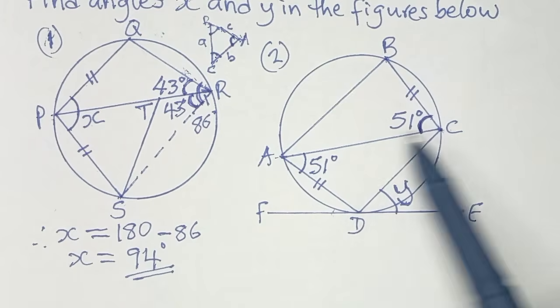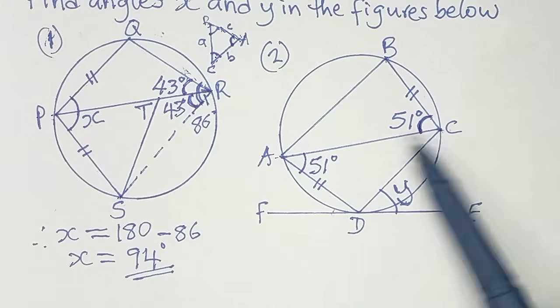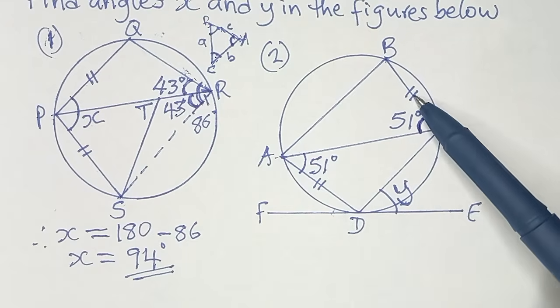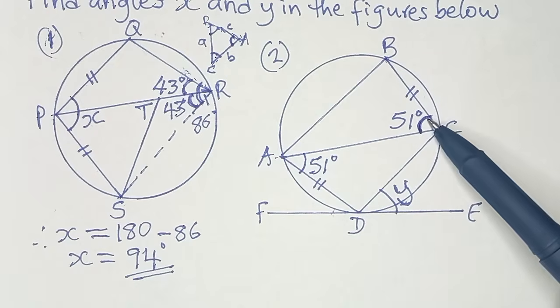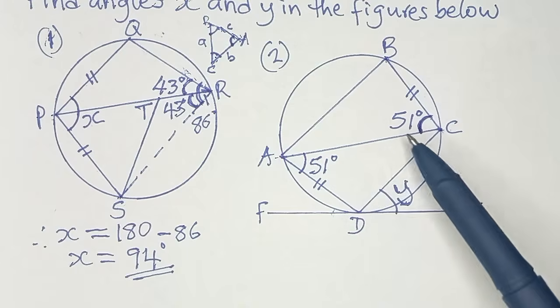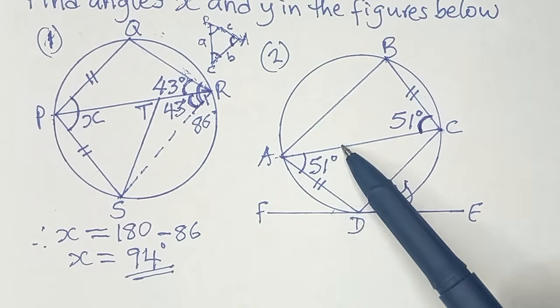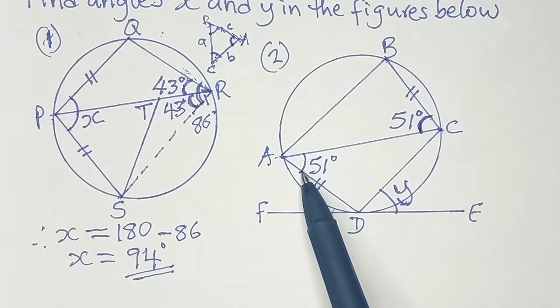And then we have a common line between them, AC on this first side and AC also on this second side. So the same two lines on another part of the circumference will also subtend equal angle 51.